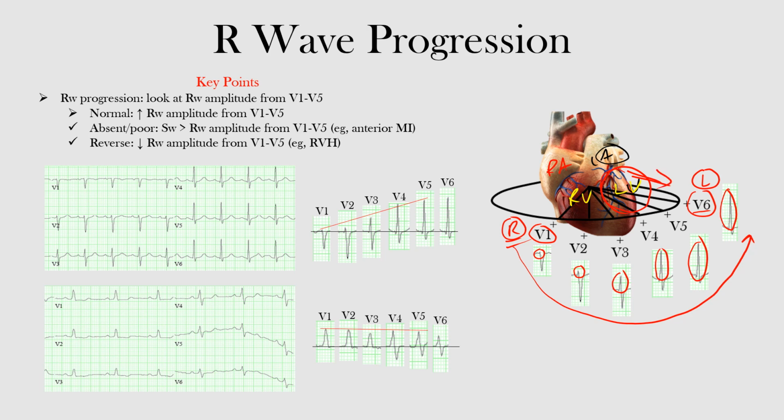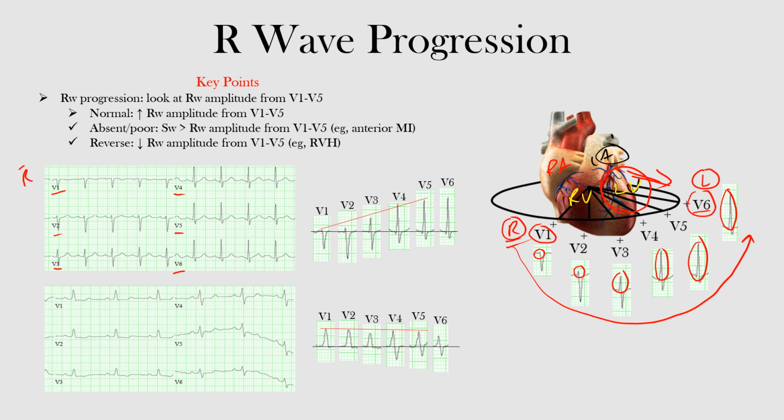Now, when we talk about R-wave progression, we're looking at the R-wave amplitude as we move from right to left across the precordial leads. Normal R-wave progression is when the R-wave amplitude increases from lead V1 to lead V5. Again, let's orient ourselves. We're looking at the precordial leads of this EKG: V1, V2, V3, V4, V5, and V6.